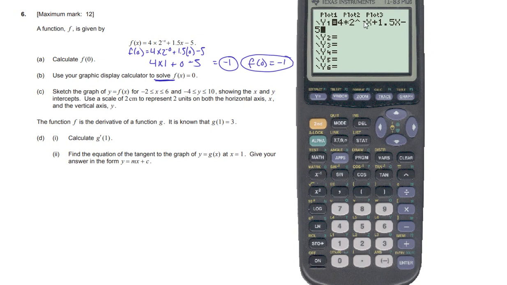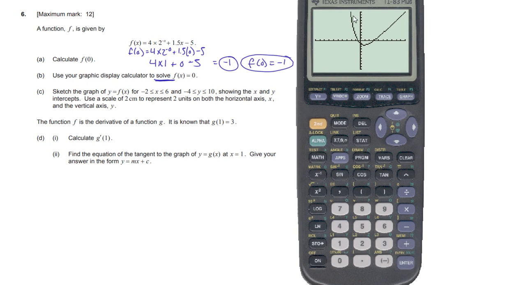So notice that's the negative and that's the subtraction. Make sure you do those. Now, who knows what this is going to look like? So let's just do zoom standard and hope that it shows up. Okay, oh, hallelujah, look at that. There's our graph.